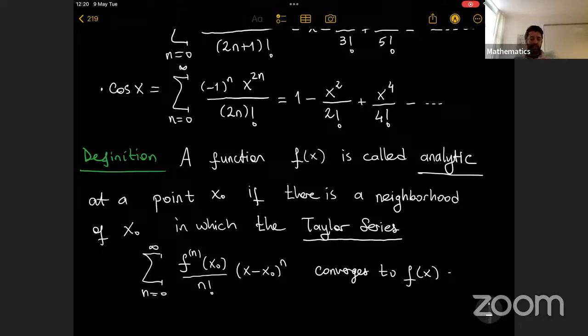So if the Taylor series of the function is equal to the function itself in a neighborhood of the center, then you say the function is analytic at that point.